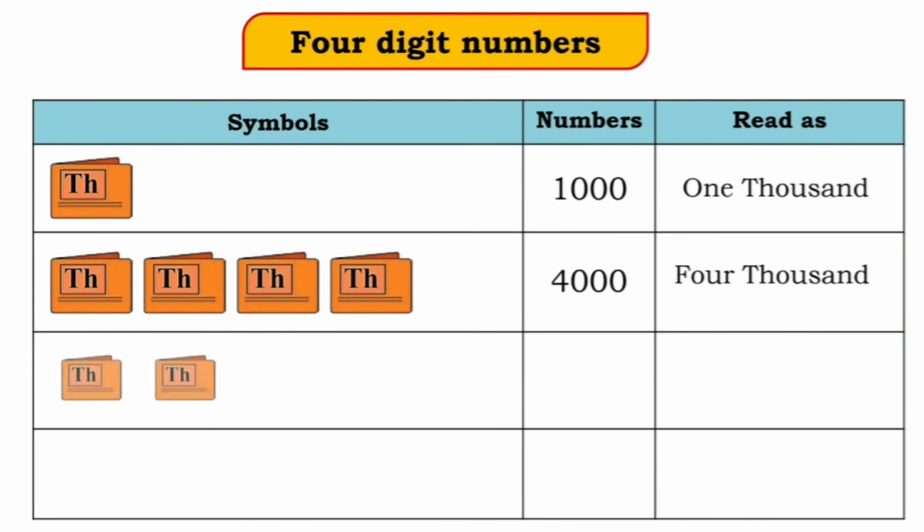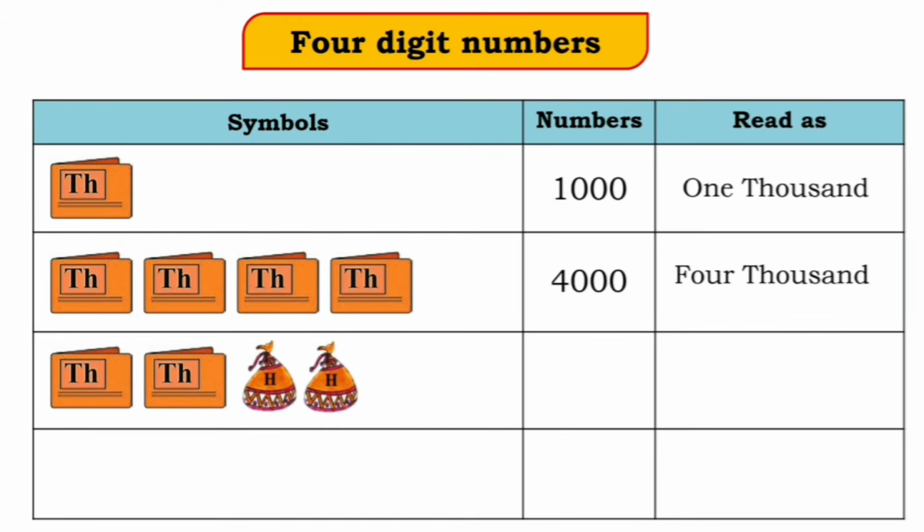Now let's move on to the next example. Here we have 2000s, 200s and 3 units. So how will we write this in numbers? We will write 2 in the thousands place as we have 2000s. Then we will write 2 in the hundreds place as we have 200s, right? Now tell me, do we have tens over here?